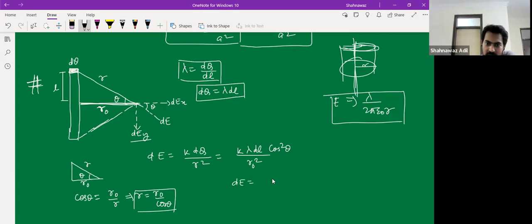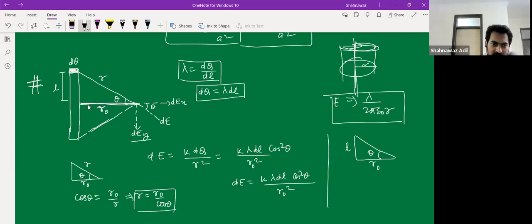Yes, sir. Now we need to take care of this dl. Let us draw this diagram again. This is theta, this is R naught, this is L. This R naught is fixed. This is perpendicular, this is base.